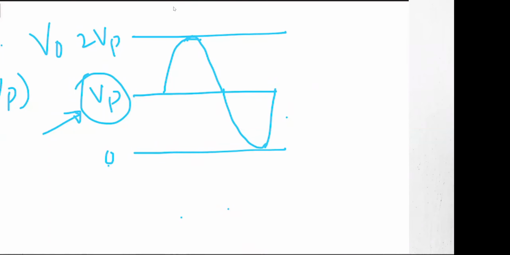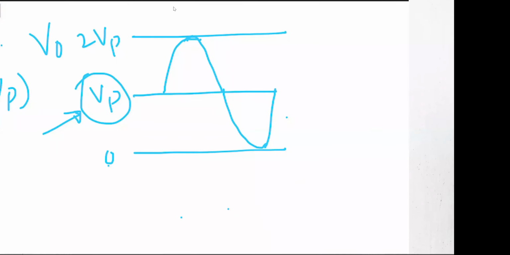This capacitor seems to be a DC source in the circuit, holding its charge equal to VP. Whatever variation there is in the input signal is directly reflected at the output, with a variation from 2 VP to 0.